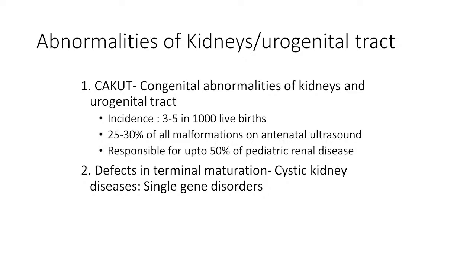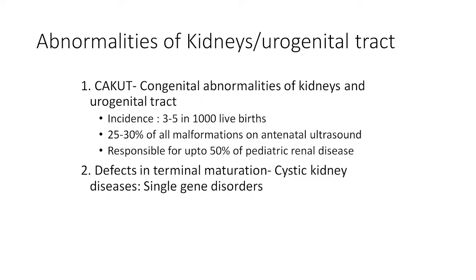Similar to the other organs, the kidney develops from the urogenital tract, and during the development there can be abnormalities. These can lead to abnormalities which are congenital in nature in the kidney and urogenital tract.